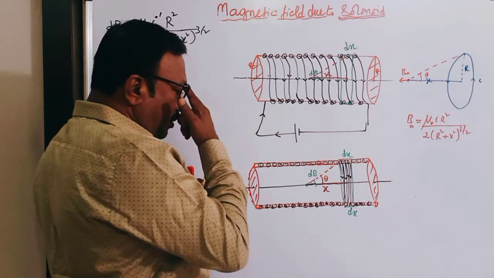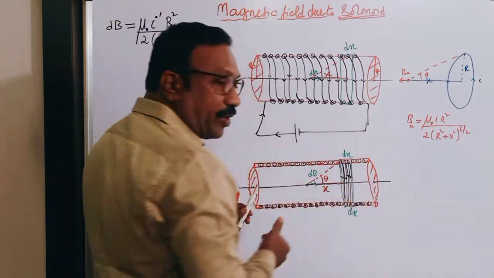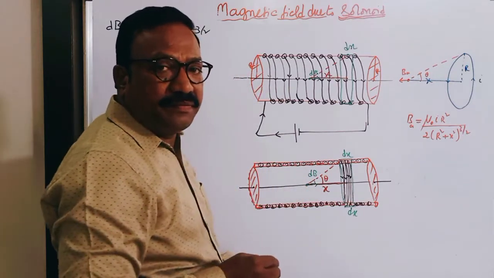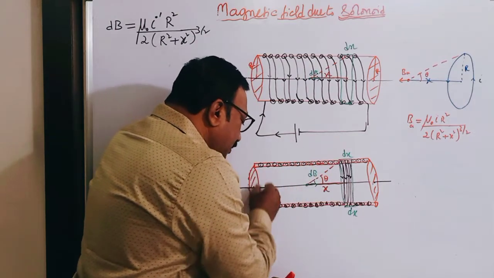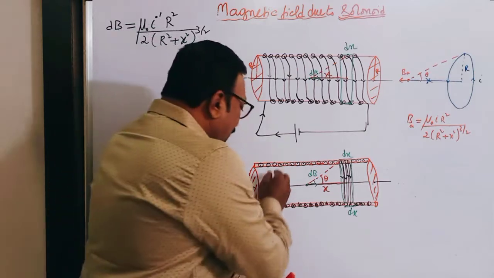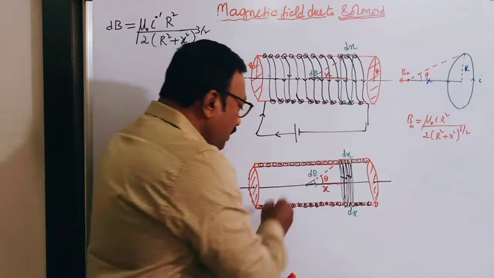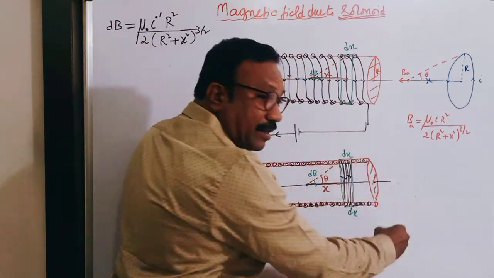Understand? So in order to find the total magnetic field here due to the total solenoid, I have to integrate dB. Why? I can have an elemental ring here that will contribute a magnetic field here dB1. I'll take one more elemental ring that will contribute a magnetic field dB2. Another ring here, here.